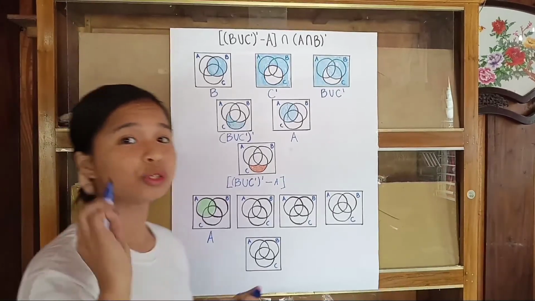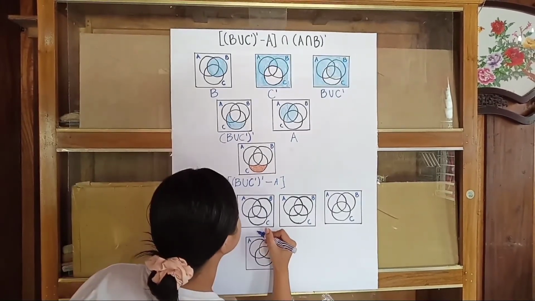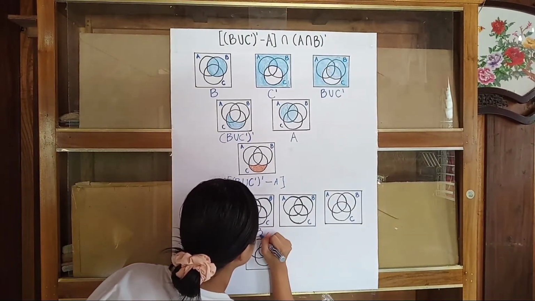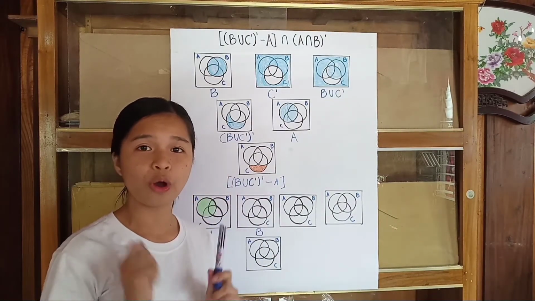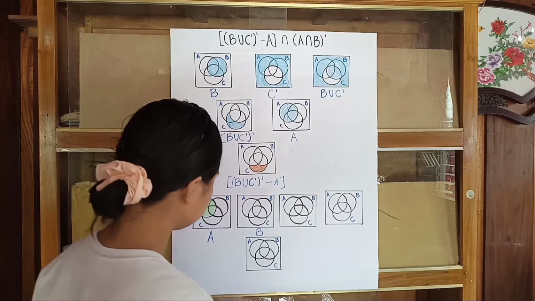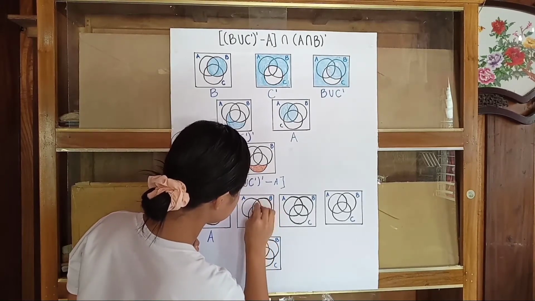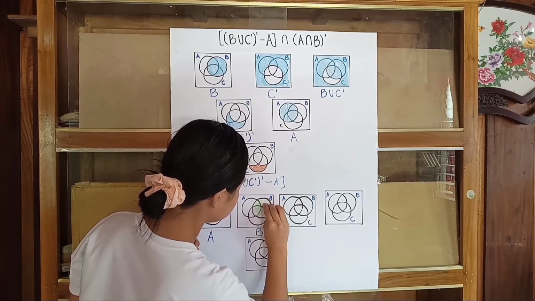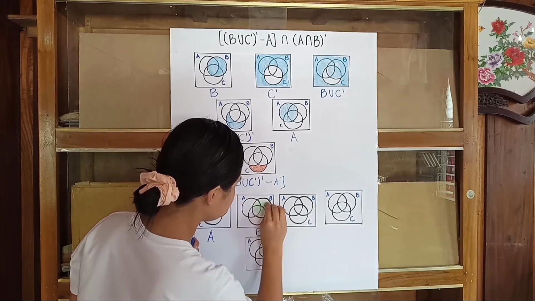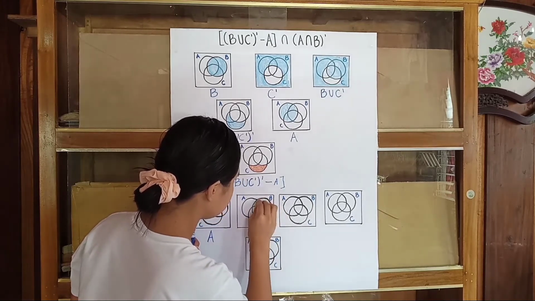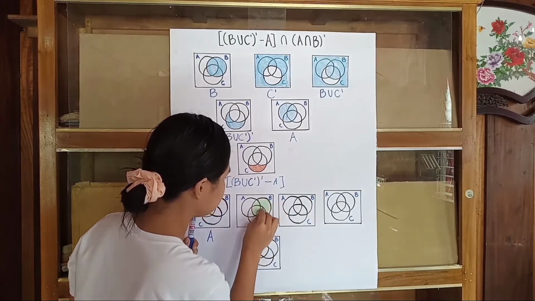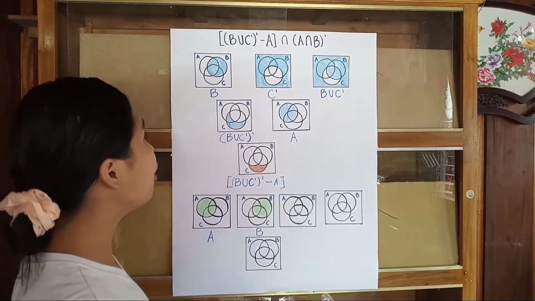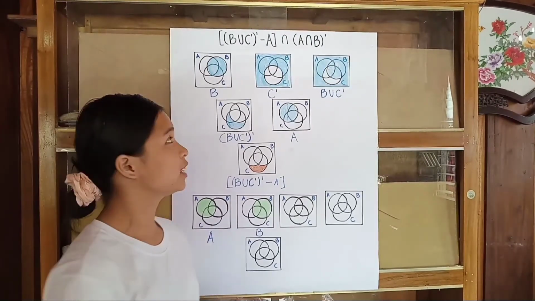Next, we're going to look into B, and we're going to shade everything that is part of B. And now we are going to find its intersection.